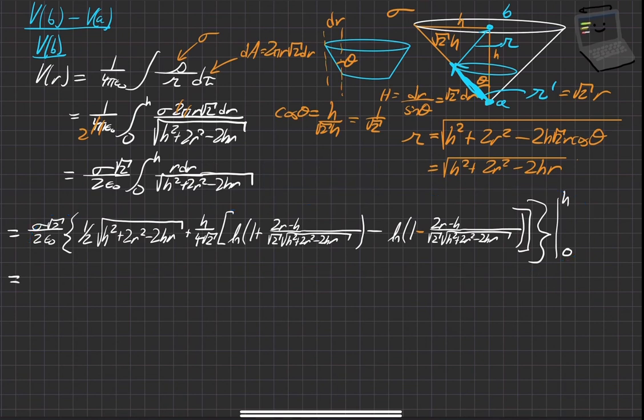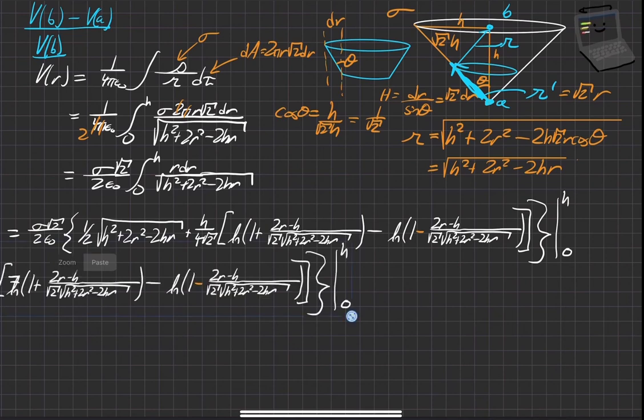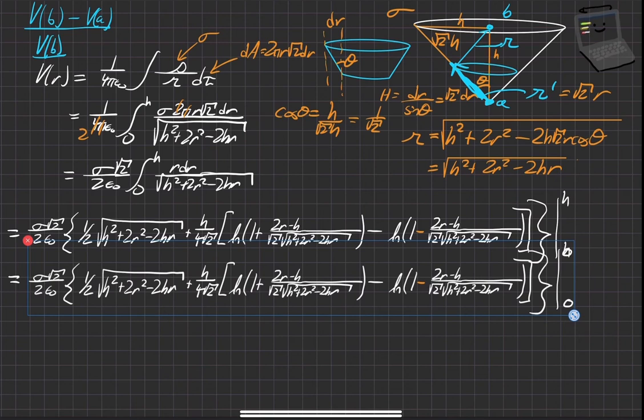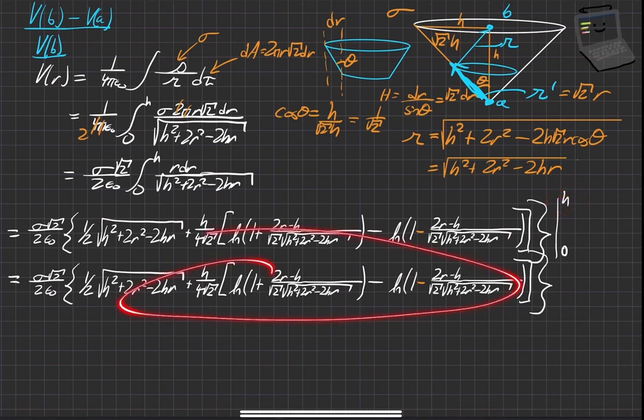So let's go ahead and put in h. We don't need the limits anymore. Okay, so everywhere that there is an r, we're going to put our limits in for h. So everywhere there's an r in here, we're going to change that to h.